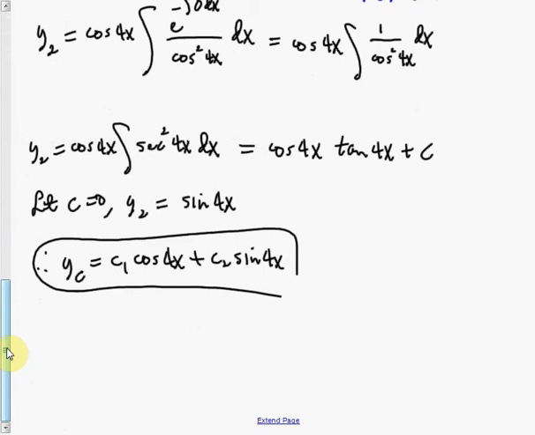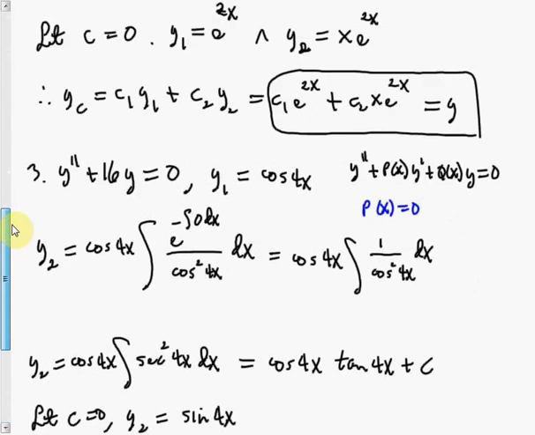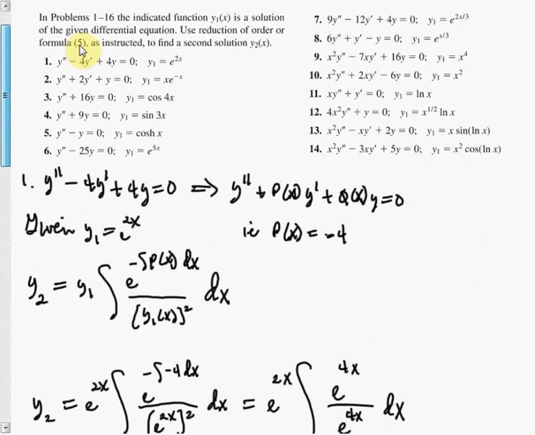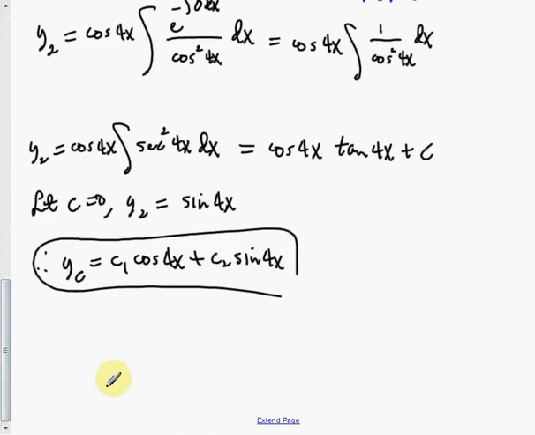Yes, number 9. X squared y double prime minus 7x y prime plus 16y is equal to 0.